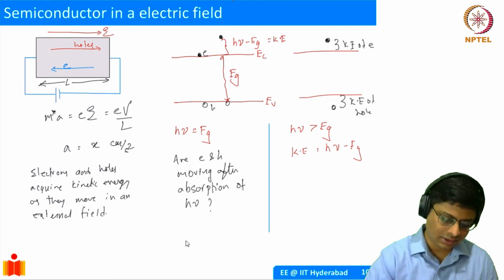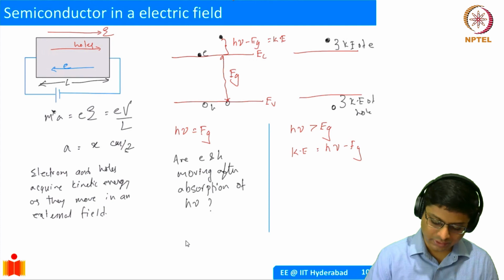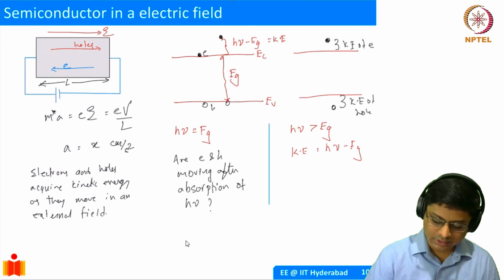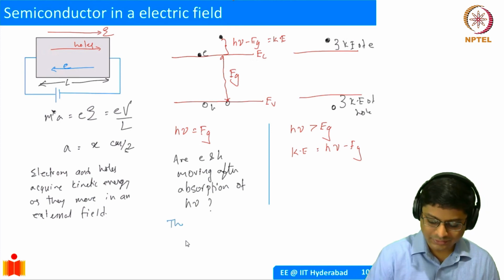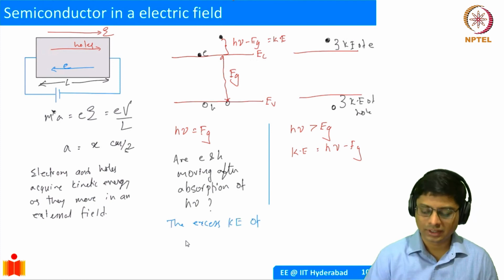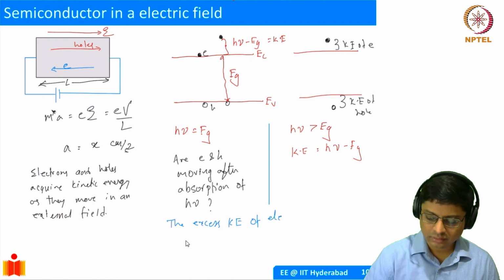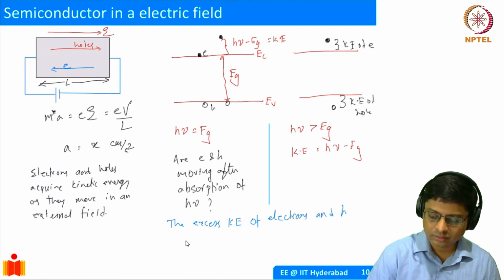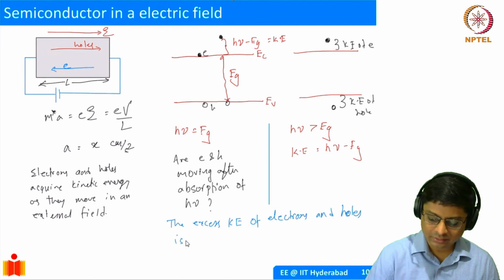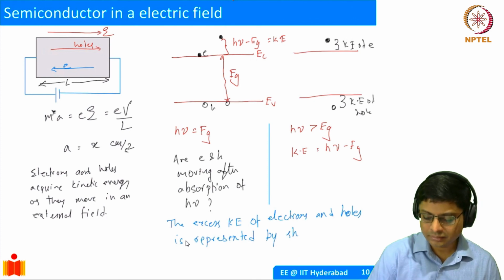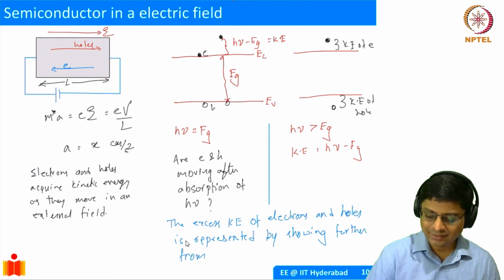I'll write it down. This is important. The excess kinetic energy after breaking the bonds, of electrons and holes, is represented by showing them further from EC and EV respectively.